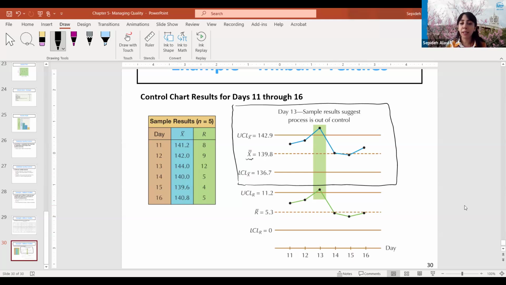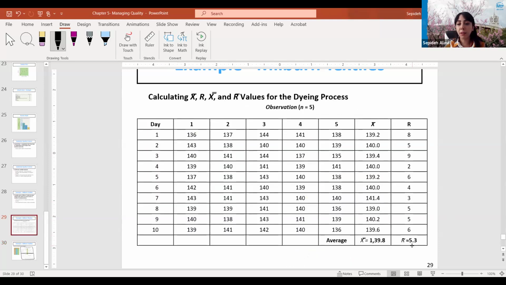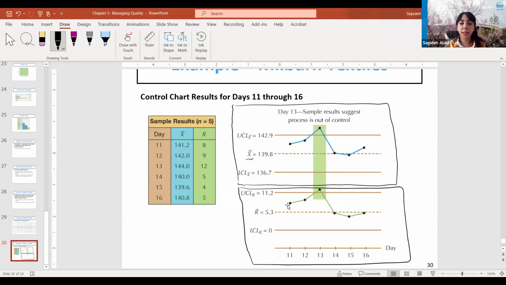In a similar way, we can have a control chart for their range. This is built using the average R that we figured in the previous table, 5.3. So that would be the center of this control chart. They will also calculate the upper and lower control limits using some fine-tuned parameters, and start looking at whether the process is in control or not.